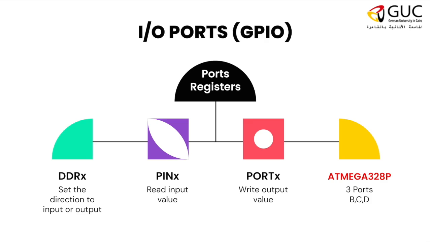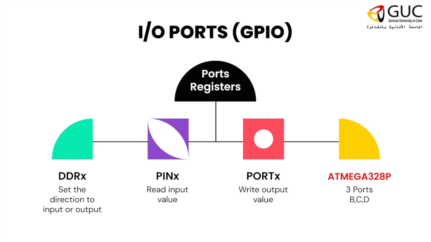And we only have 3 port categories in the Atmega 328P. However, in different Atmega microcontrollers, we can have port A, port H, and multiple other ports other than BCD. However, in our Arduino Uno board, which has the Atmega 328P microcontroller embedded on it, we have only 3 ports, B, C, and D. Okay, and each port has its own 3 registers, DDR, PIN, and PORT.